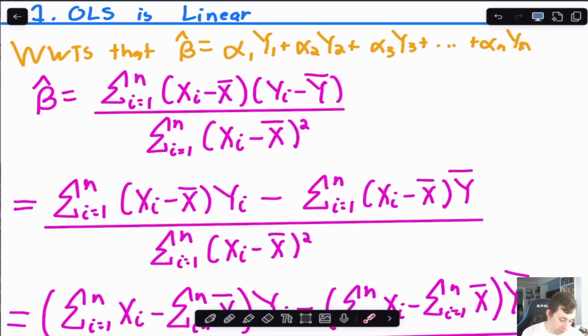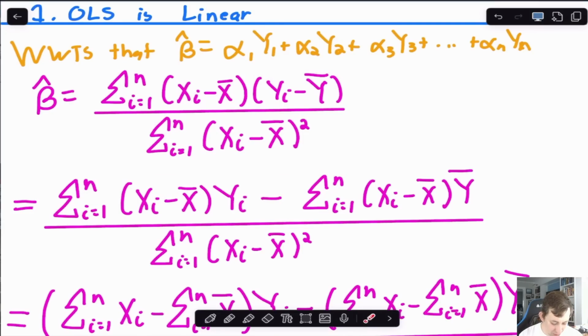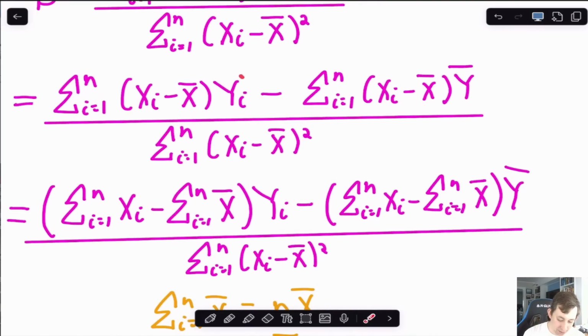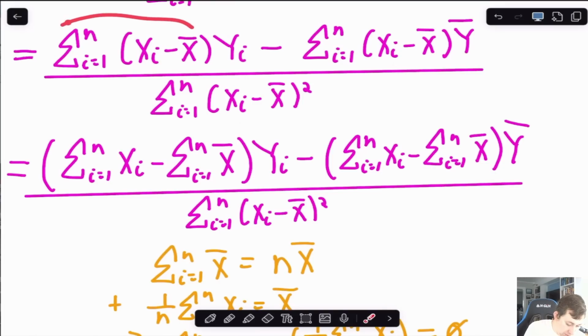We know from our definition of beta hat, not talking about matrices but at the observational level, if I think about a simple regression, this is what my beta hat is. I've talked about that in a previous video. I'm just going to take y_i minus y bar and split that up. Then I'm going to further split this sum up like this: the sum from i equals 1 to n of x_i minus the sum from i equals 1 to n of x bar.